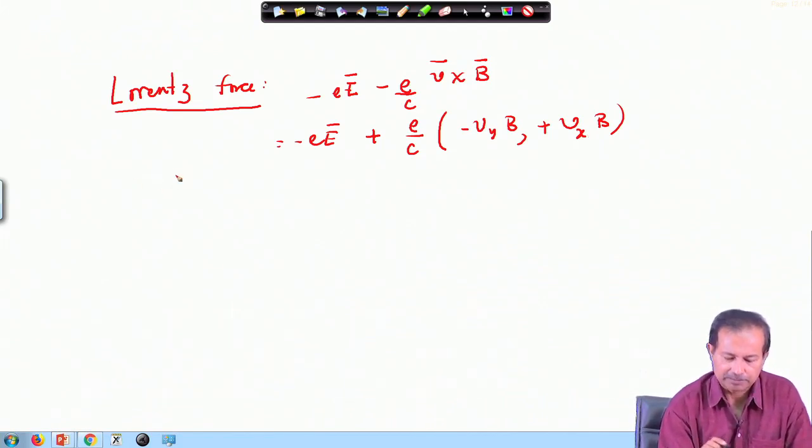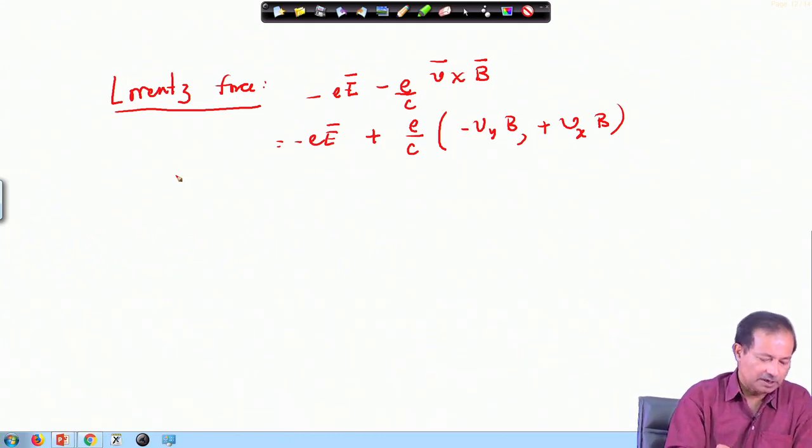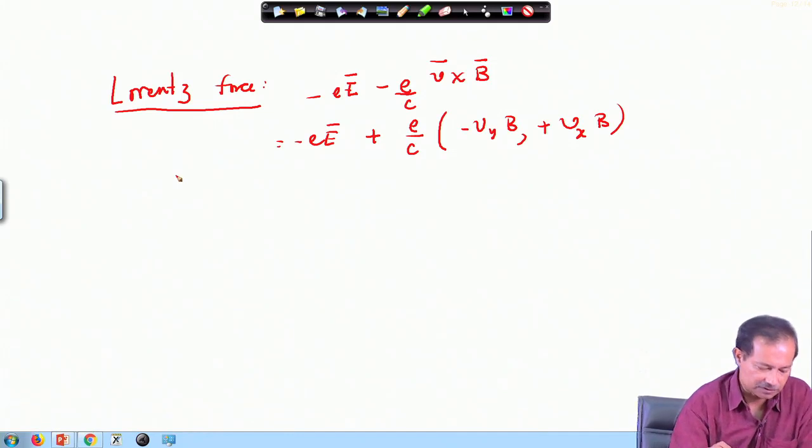Now, under this force, let us calculate, from the equation that we already had, and try to find out what happens to the numbers that we wrote down, the Hall coefficient and the magnetoresistance.